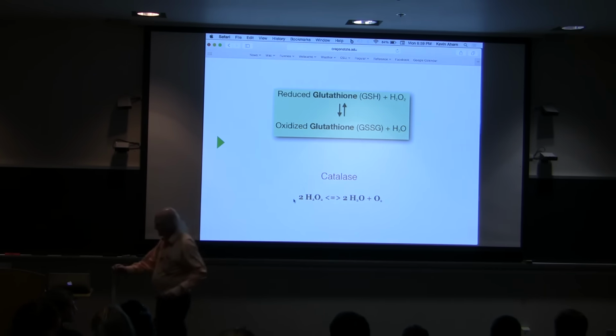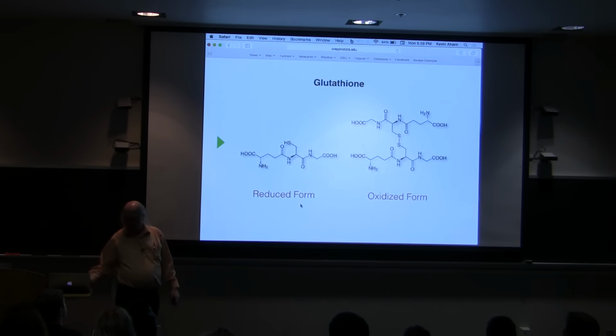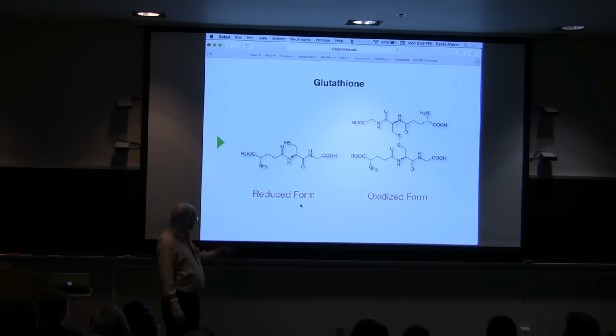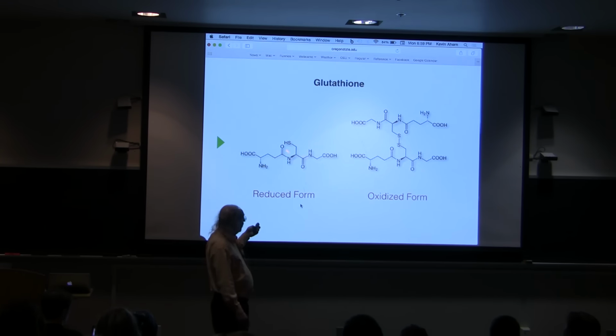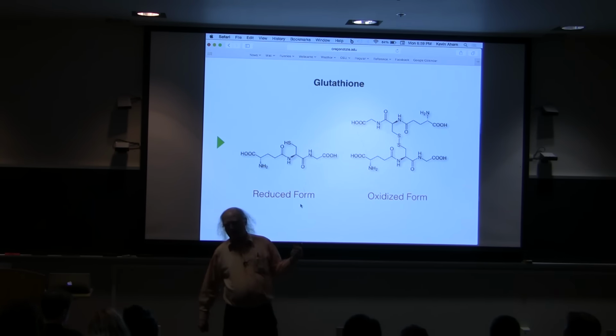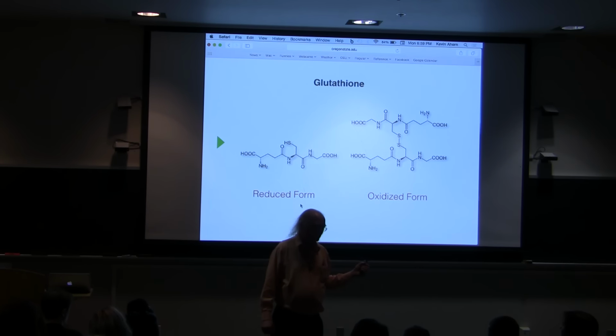Glutathione is a tripeptide. It's a very unusual tripeptide. It looks like this. That's actually 3 amino acids that are joined together. That's actually a cysteine right there. This is one of the very, very few peptides in cells that's not made by a ribosome.